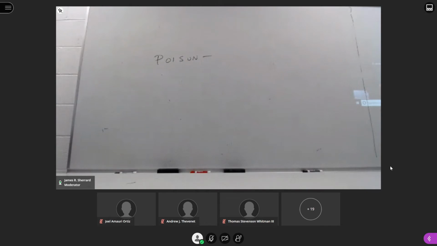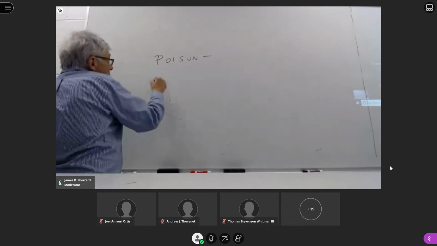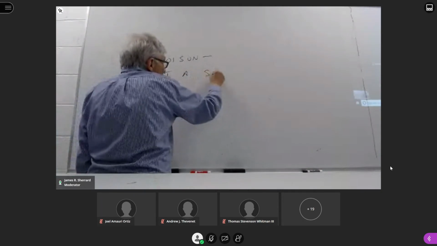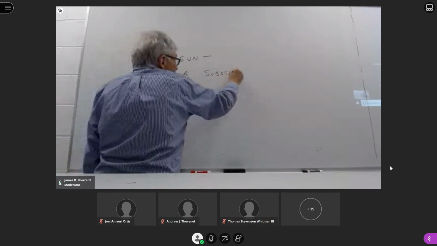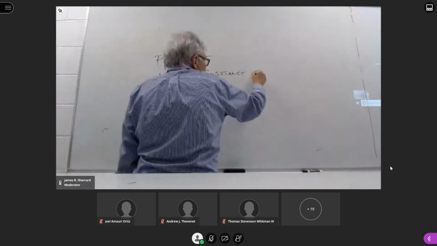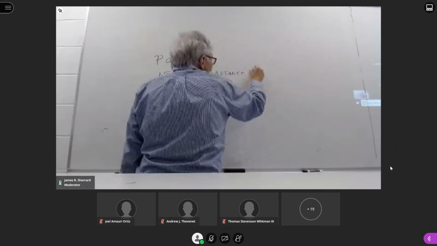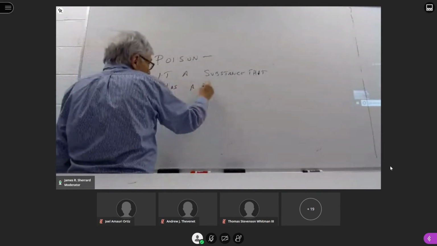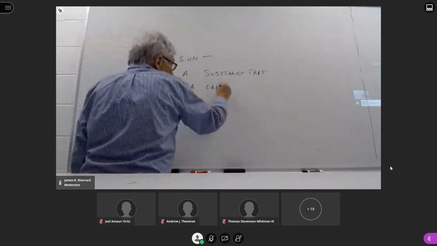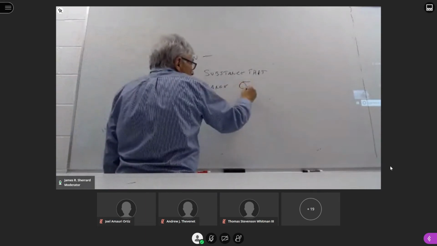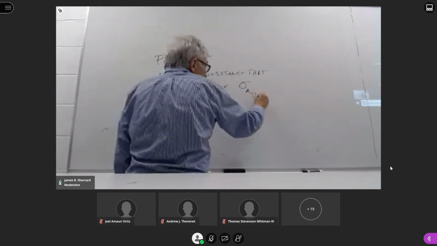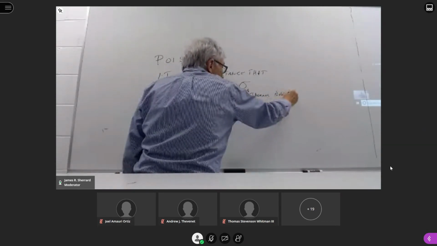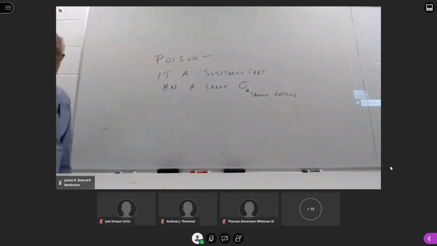What is a poison? Poison is a substance that has a large absorption cross-section for thermal neutrons.